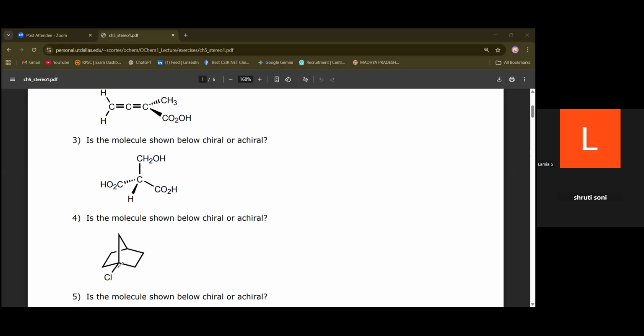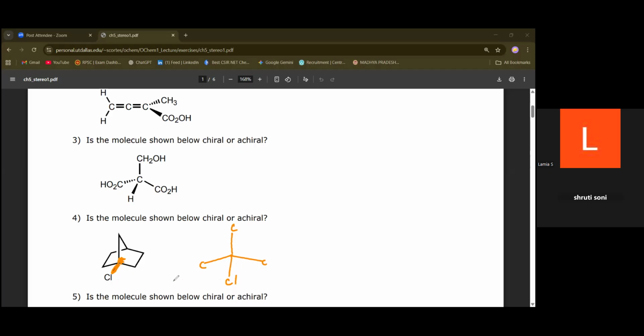So see, there is a similar question. That is the fourth question. In the fourth question, here is a chiral carbon. How do you represent that? See, like this, these two carbons and one carbon on the bridgehead position, and there is a chlorine. So can I represent this like this? And now you can give numbers.